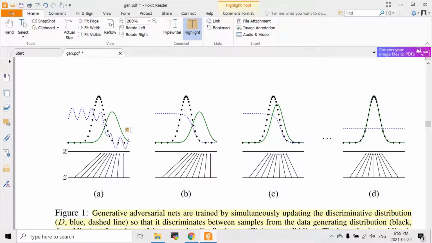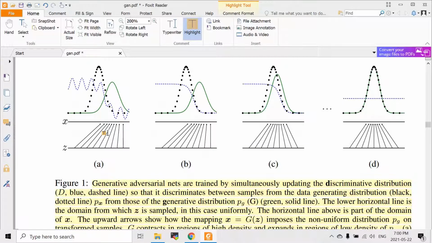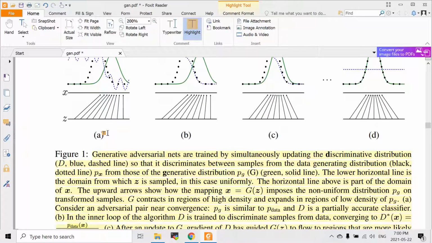So this is PG, the black dots represent the distribution of the original data, and this is the discriminator's probabilities.